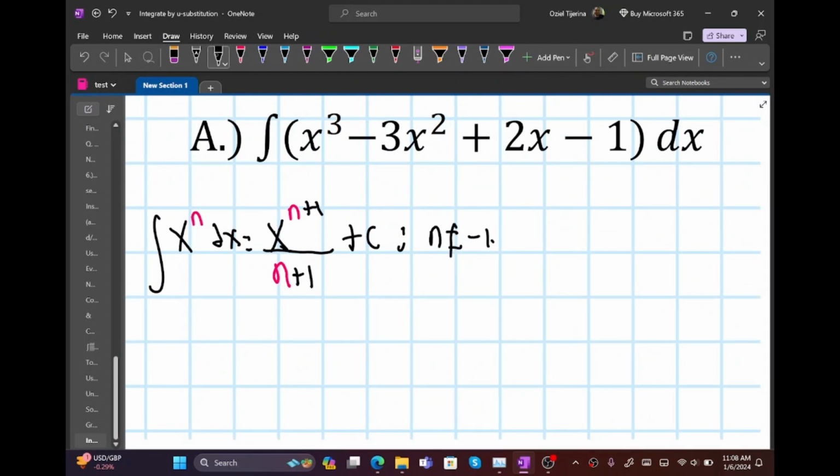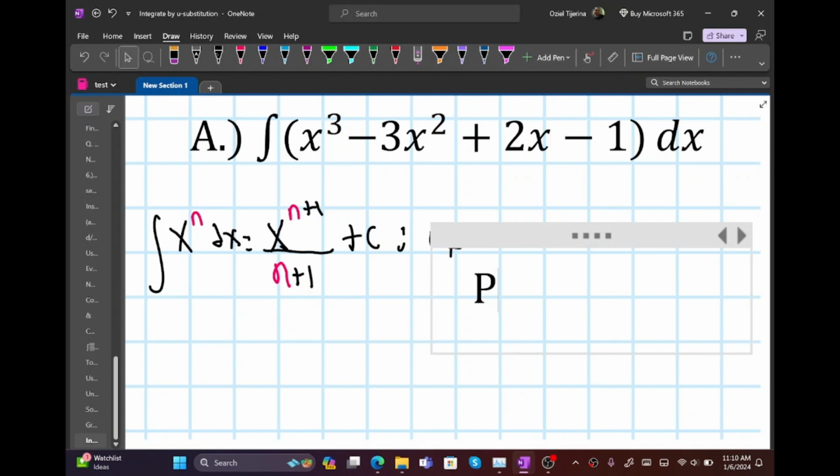That is because we can't have a 0 in the denominator, because it would be undefined, right? Okay guys, so this is the power rule of integration.